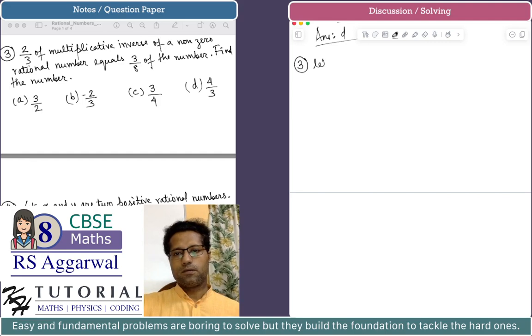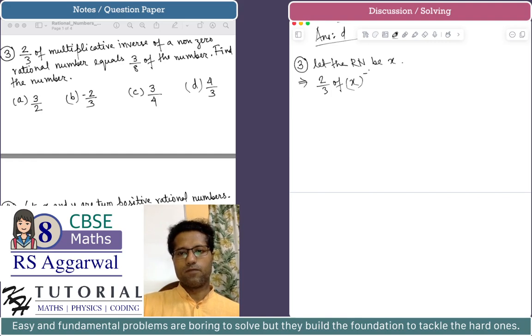So let the rational number be x. So this implies 2 by 3 of the multiplicative inverse of a non-zero rational number, so the multiplicative inverse of x, that is the reciprocal of x, equals 3 by 8 of the number, that is x.